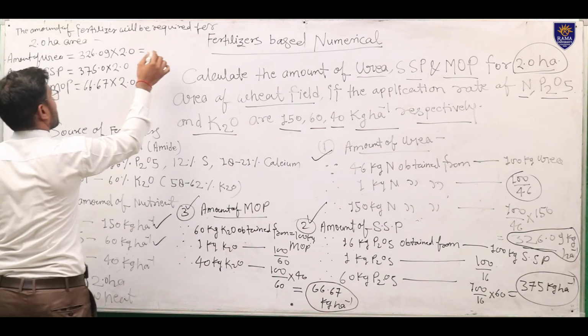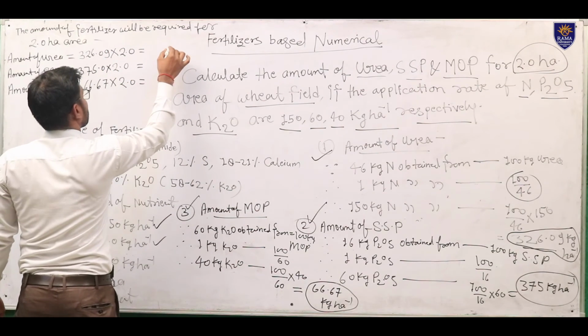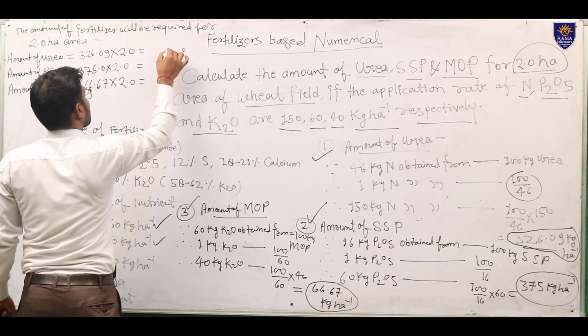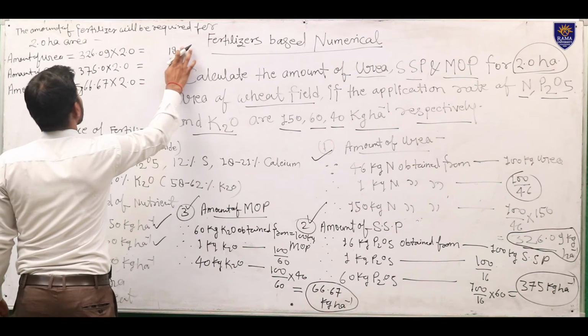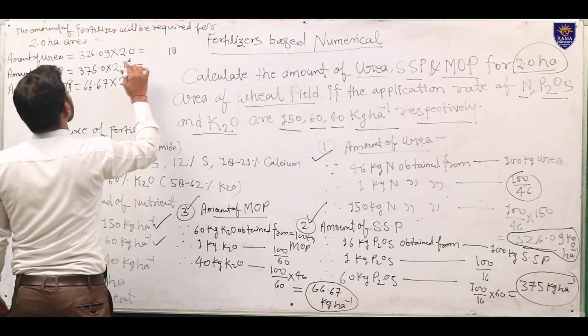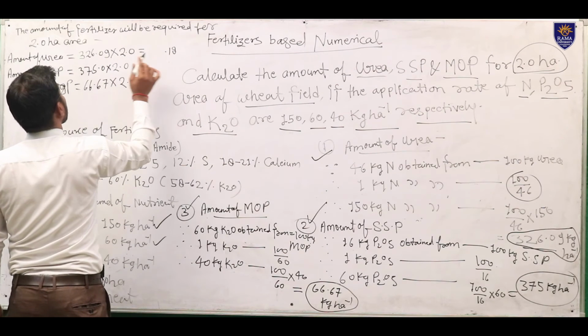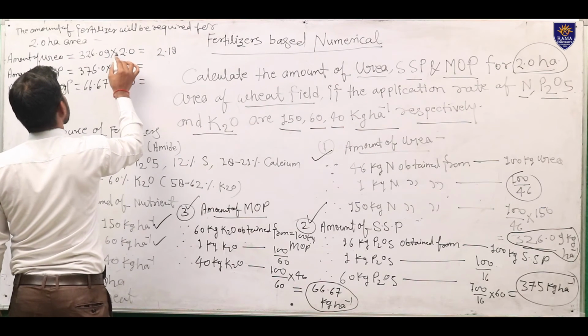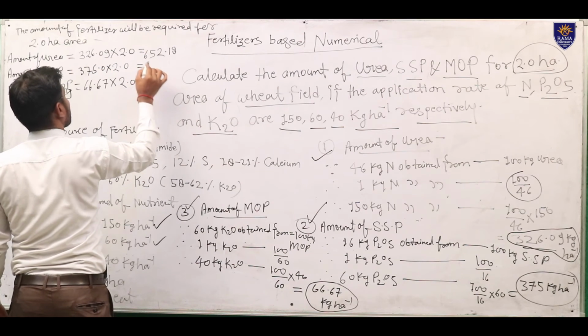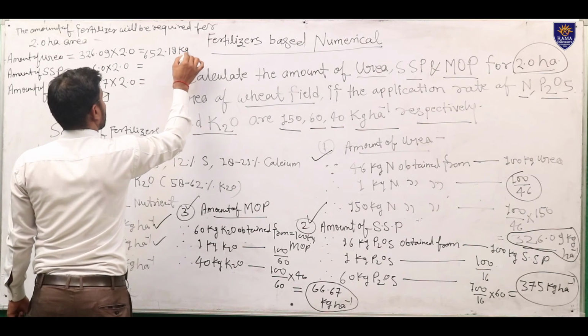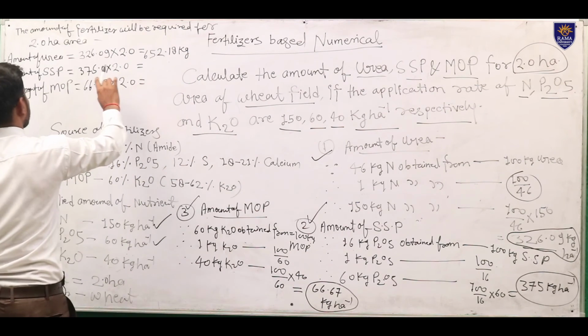So finally we multiply it. This is the amount of urea in kg for 2 hectare areas.